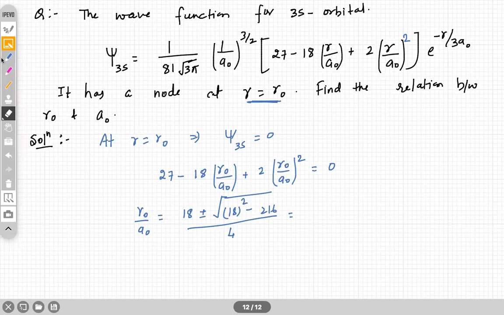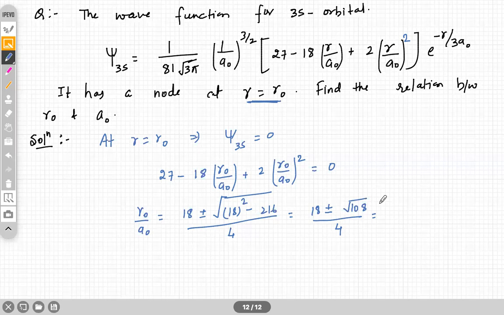So you'll get here 18 plus minus root over of 108, divided by 4. Root over of 108 is what? What is the value of root over of 108?